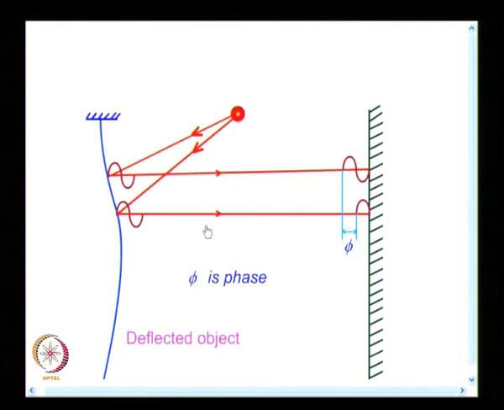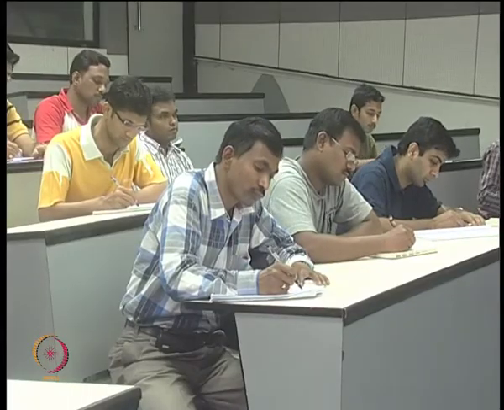In normal photography you do not record the phase information, you record only intensity. That is what we have seen, the positive and negative. The moment you come to holography, you record, in addition to intensity, the phase information of the reflected wavefront.